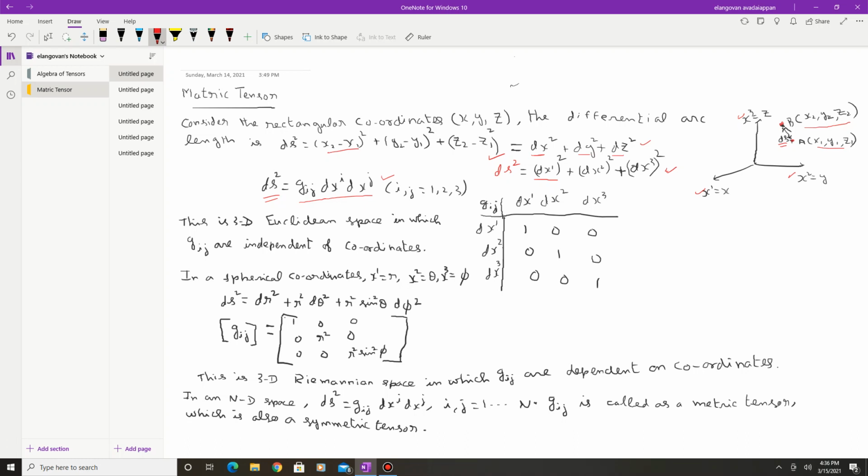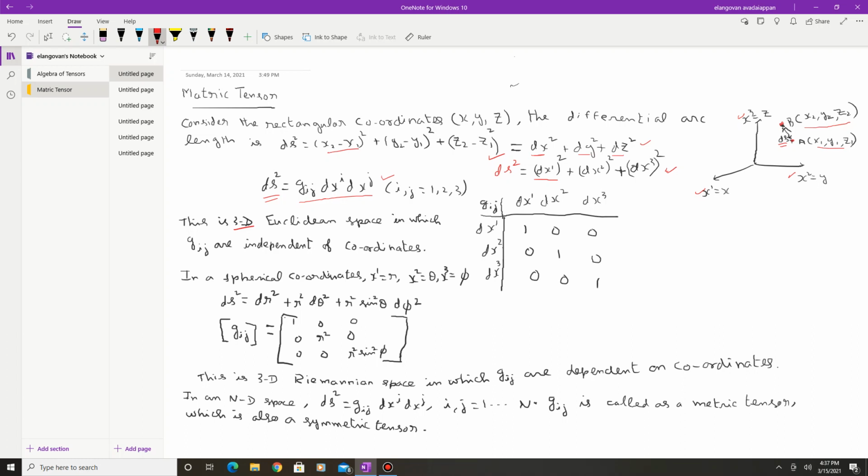So this is a 3-dimensional Euclidean space in which gij are independent of coordinates. Here i runs from 1 to 3 and j runs from 1 to 3, and if you perform the summation, the first term is g11 dx1 whole square.